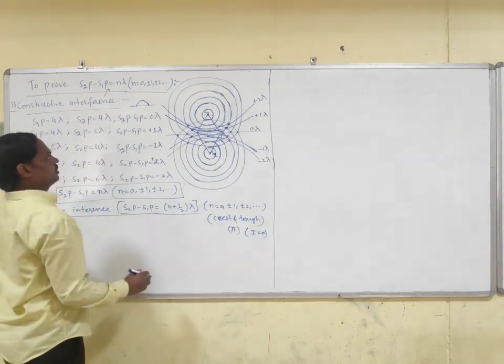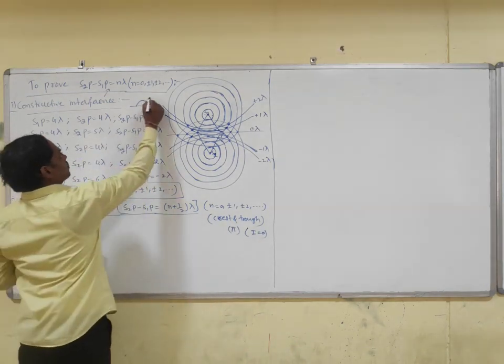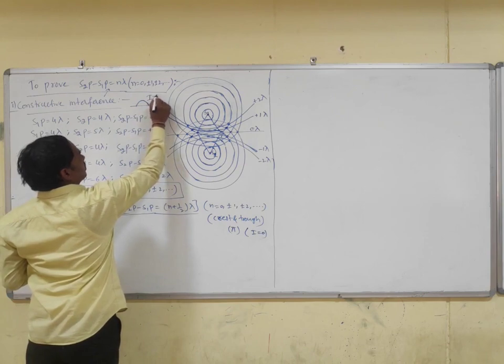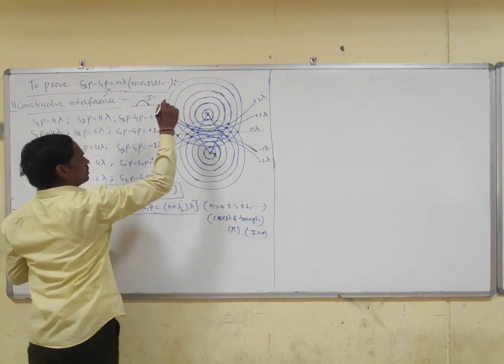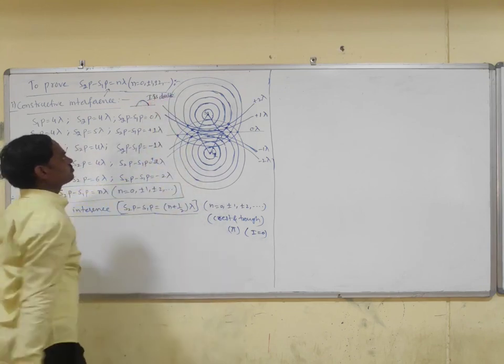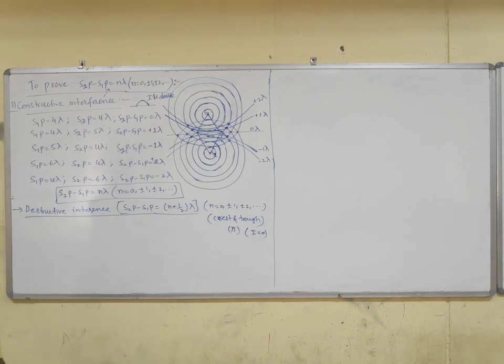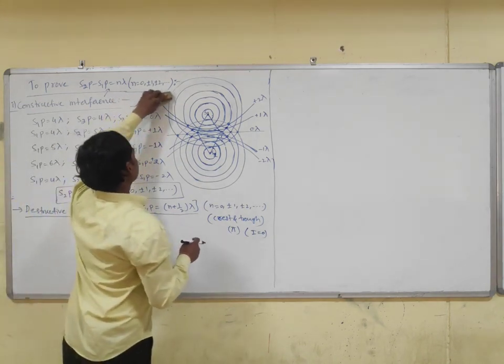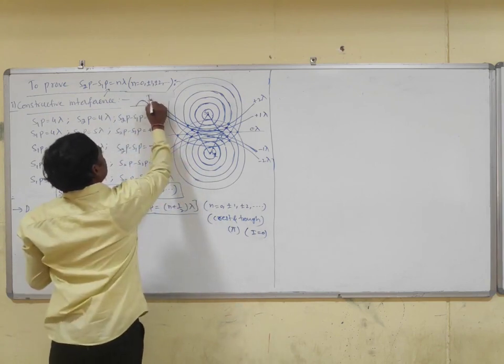Here intensity will be double. I is proportional to 2A square.